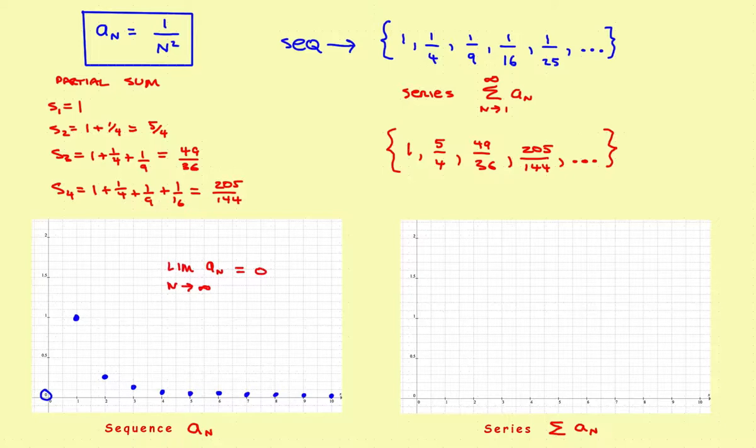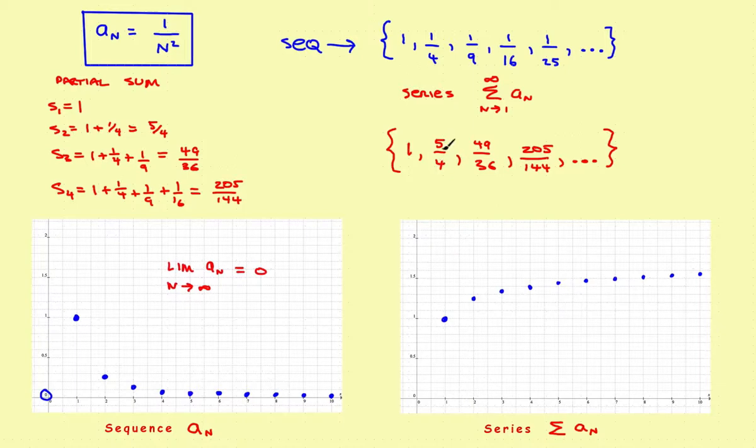Okay, now if we were to plot these, I'll go ahead and put them up here. When the first term of the series is equal to 1, I have 1 and 1, and I'd have a point about right there. Now, if I were to plot 5/4, then it would be 1.25.